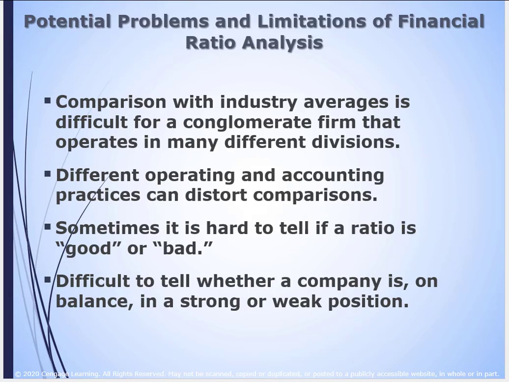And just as a conclusion, let's talk generally about ratio analysis. What are the problems? Making comparisons to industries is difficult because most companies are not conglomerates strictly from that definition. A conglomerate is a huge company that is comprised of many different industries, most of which are unrelated to it.